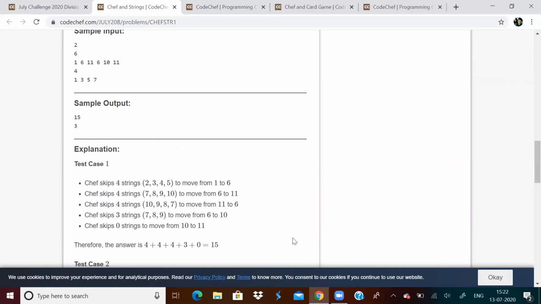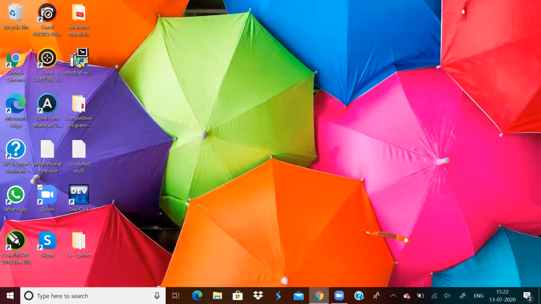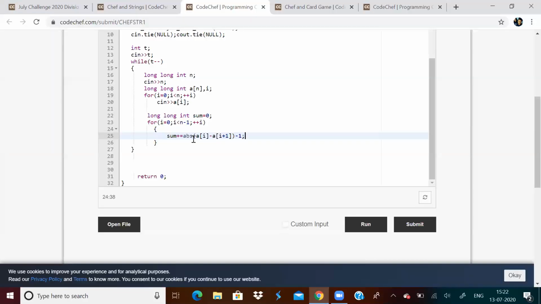So 4 is equal to 6 minus 1 minus 1, which is abs of a of i minus a of i plus 1, minus 1.